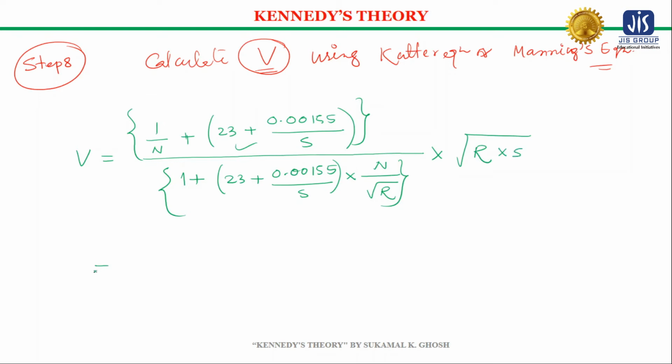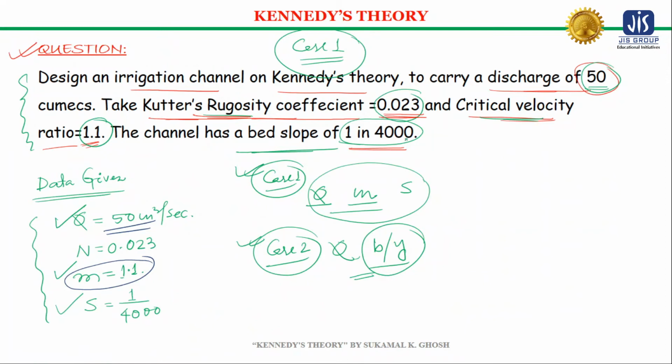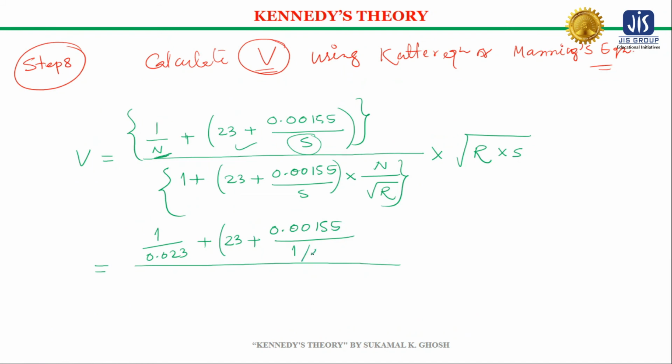If you put all the values, the value of N is 0.023, put it here, 1 by 0.023 plus 23 plus 0.00155 divided by, what is the value of S, slope? Let me check. The slope value is 1 in 4000, 0.00155.